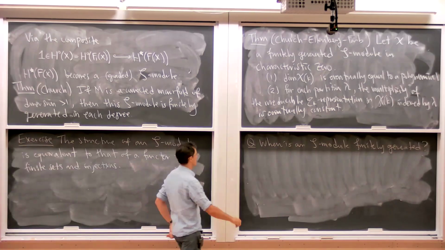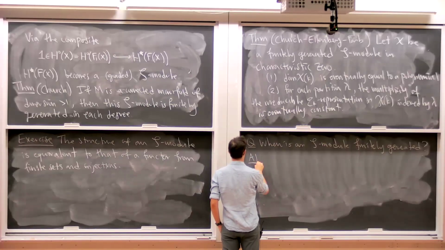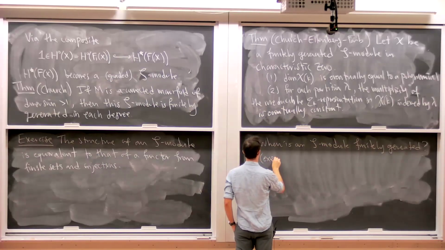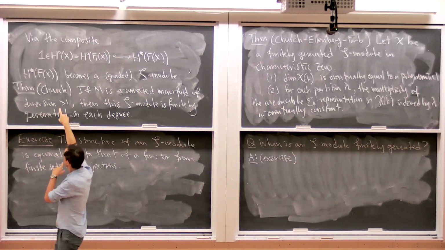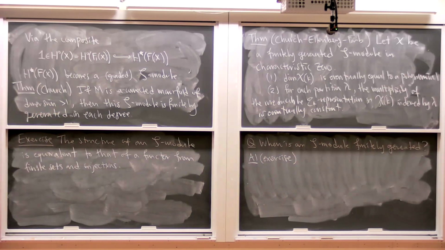So answer number one, which is an exercise. Let me back up for a second. What's a good way to be a module over something? A good way to be a module over something is to be a ring with a map from that thing in, right?